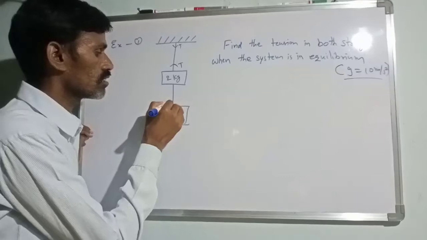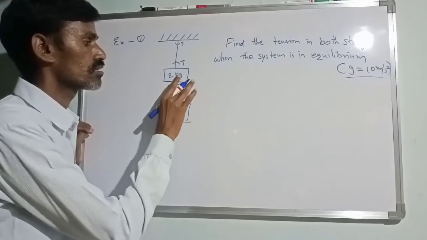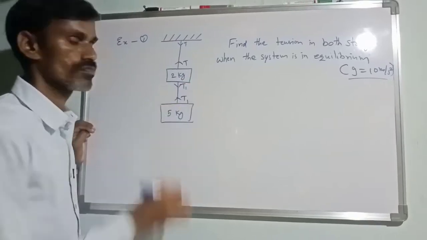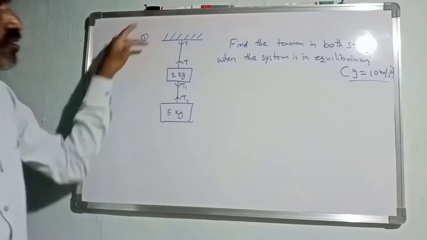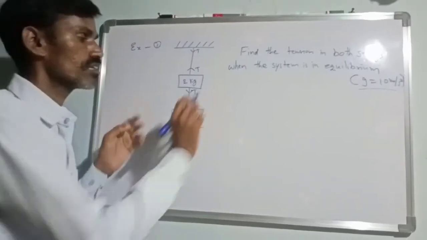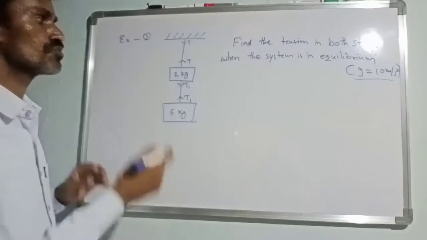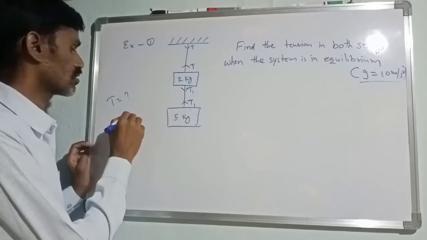That's why here the tension is T1. Where the string is not changed, throughout the string the tension is the same. So here T, and here the tension is T1.